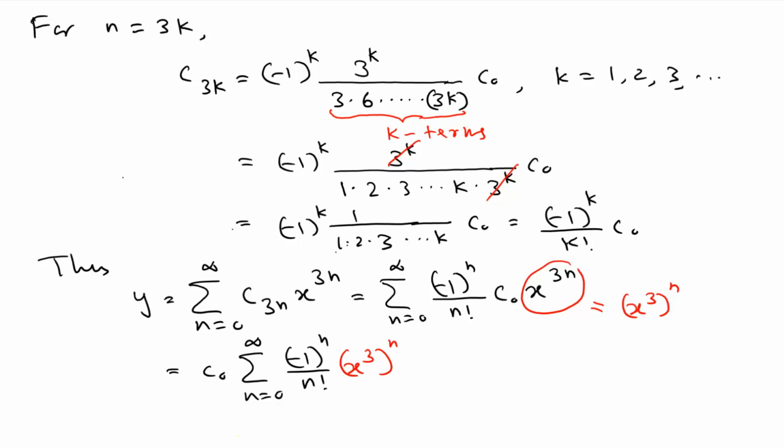So once you do that, you can see that this is simply c0 times a power series, which is simply e to the negative x cubed. That's the power series of that. So that means that's going to be the solution. The solution is simply c0 e to the negative x cubed.